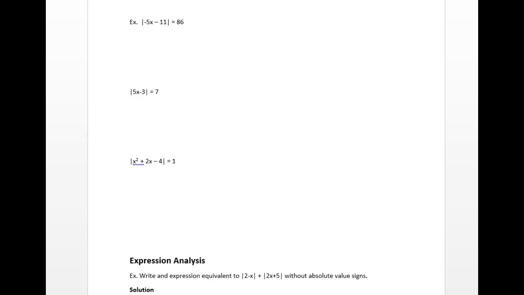So you can write them out of the absolute value brackets, and you're doing it for a positive 86, and you're taking this out of the absolute value and you're doing it for a negative version. So then we just have to solve for x in both cases.